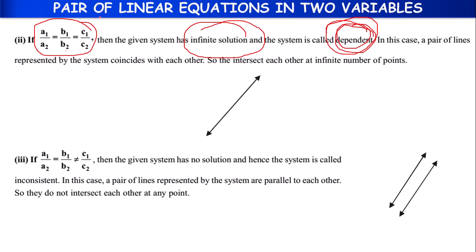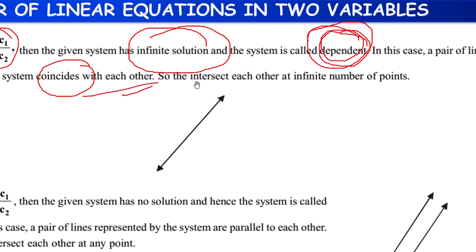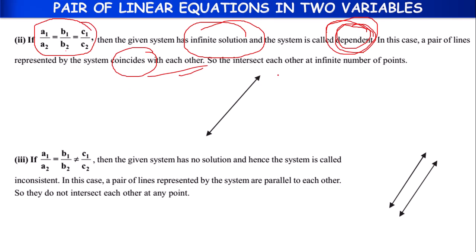In this case, both the lines represented by the system of equations coincide with each other. They intersect each other at an infinite number of points. Because both lines coincide with one another, they intersect at infinite points.